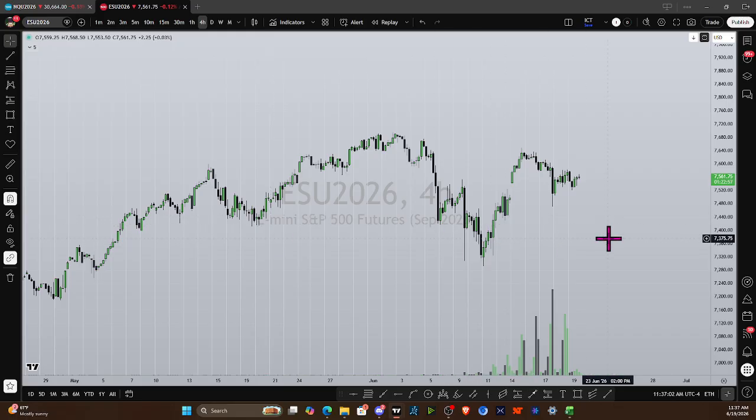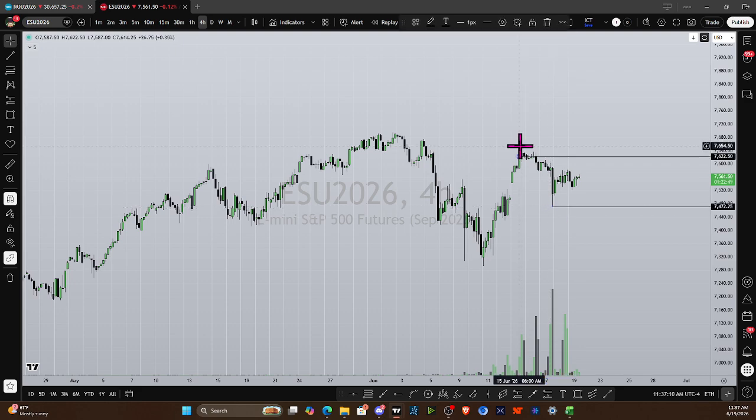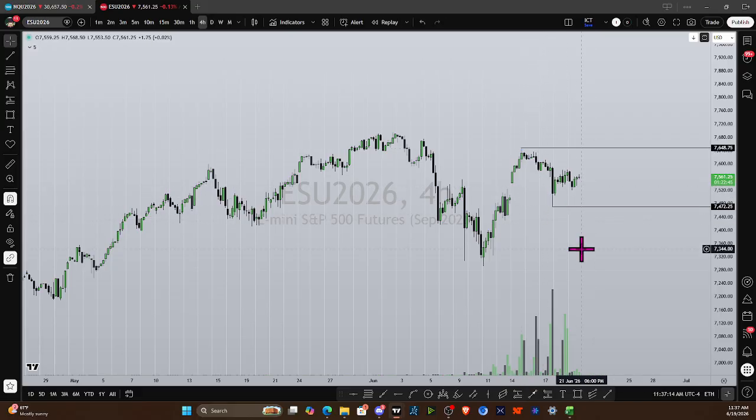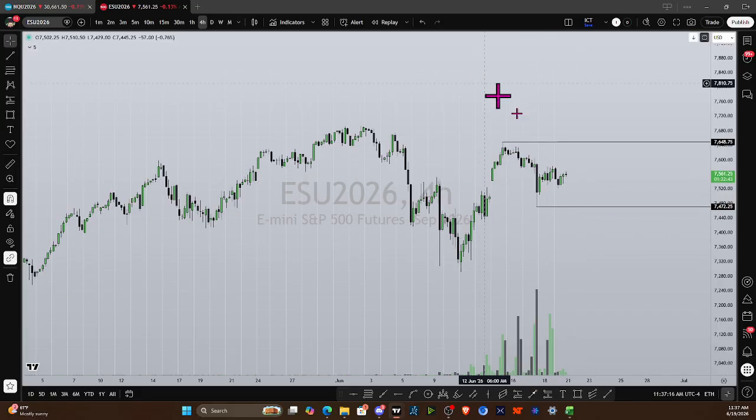Those are what I'm looking for. So if we're getting set up to come into the new week, this is what I would be doing. These points, because in this range, this is where they have stops.